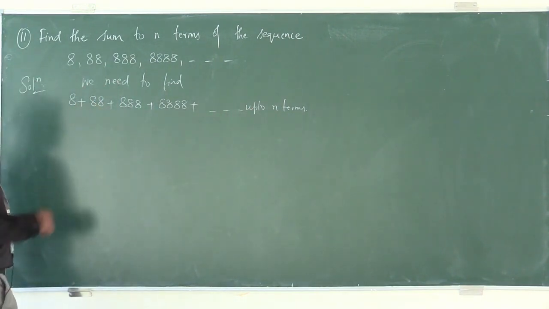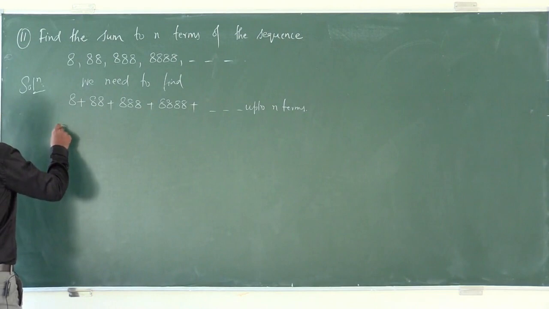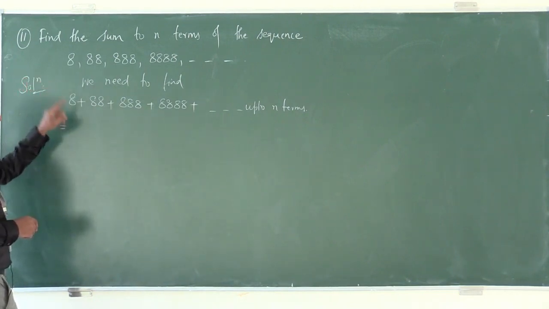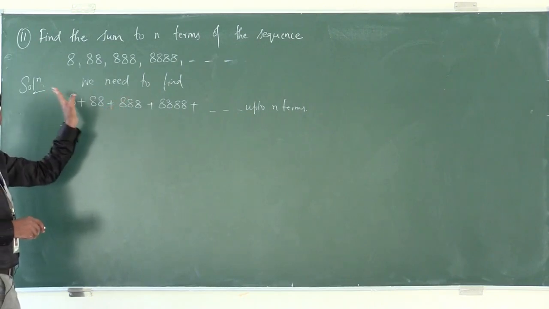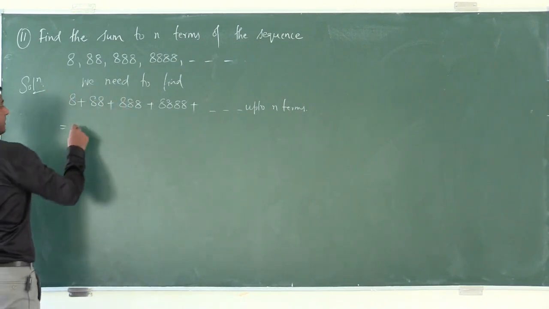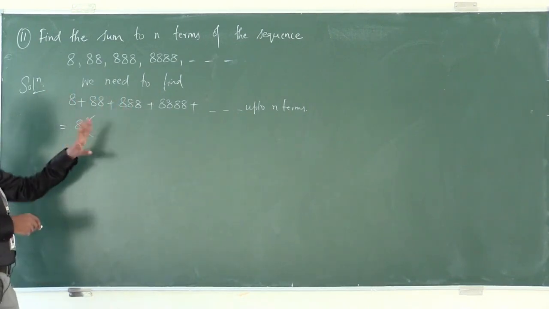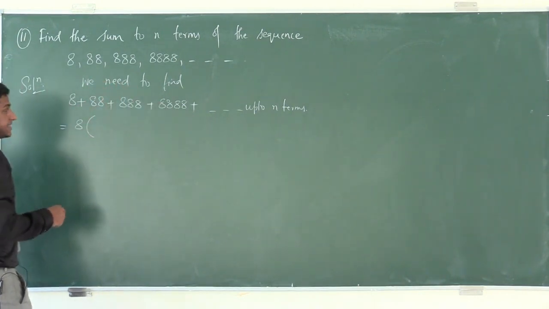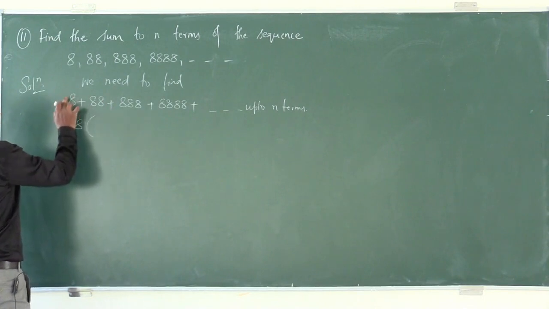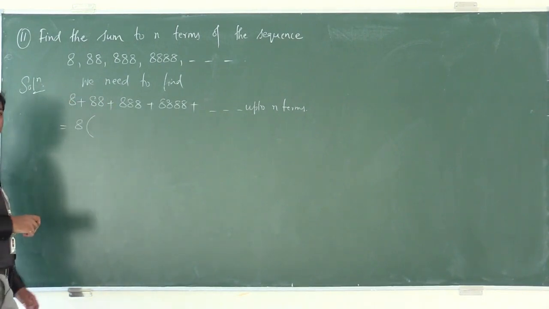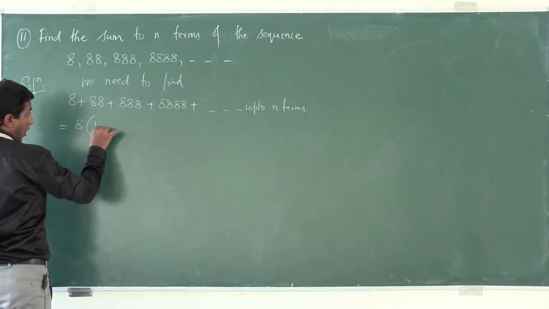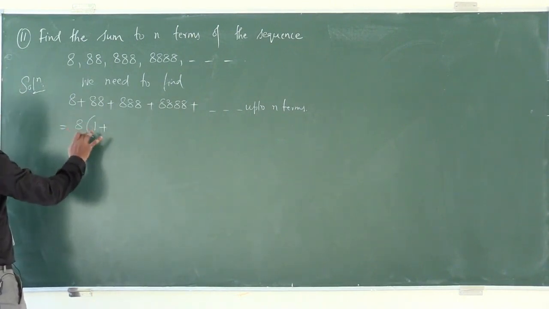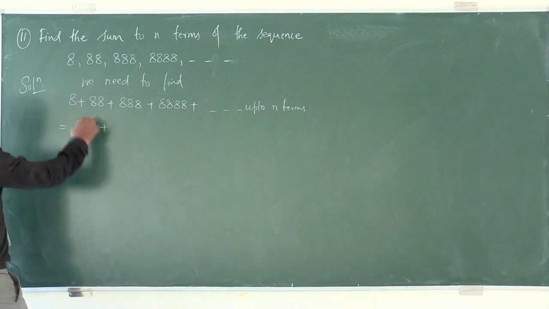Now the next step is, I will take 8 common from each term of this series. If I take 8 common from the first term, I am left with 1. So I write 8 into 1 plus.